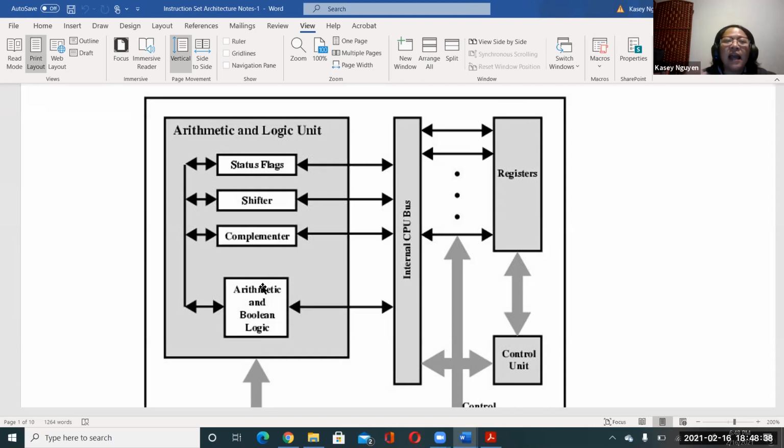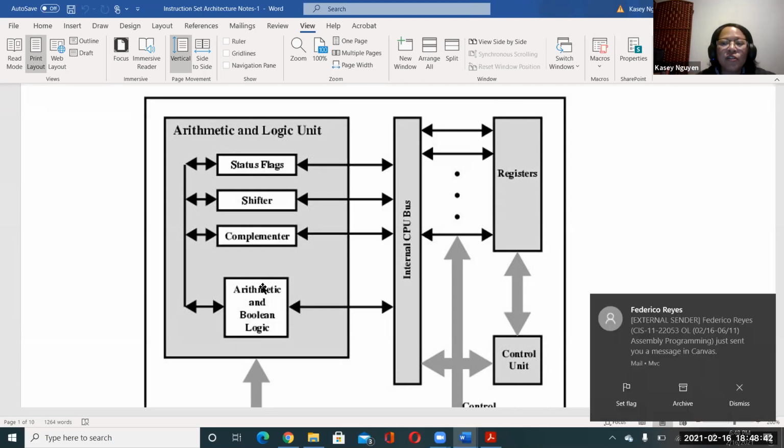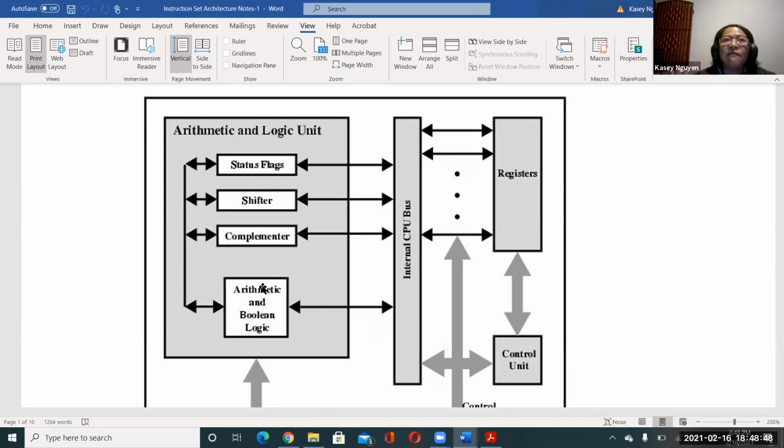But at the assembler level, we have to see which register stores it, and how it is manipulated to identify the address where that variable is going to be, okay? And then we would have shift, complementer, and status flags. The flag just tells whether it's full, or whether it has some kind of sign, etc., for the operation behind it.